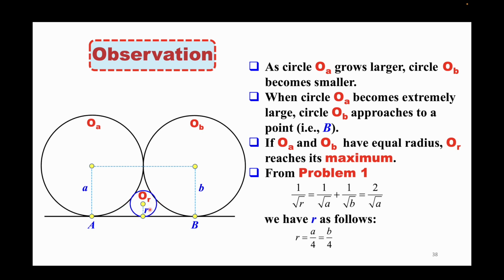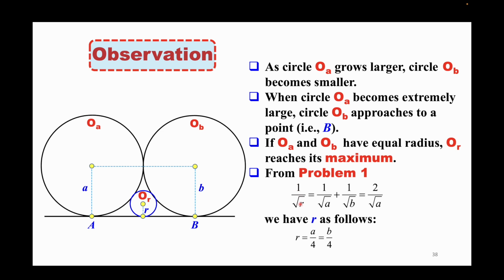Therefore, OR reaches its maximum if and only if OA and OB have equal radii. As a result, the radius of OR will satisfy this formula, which was discussed in problem 1.